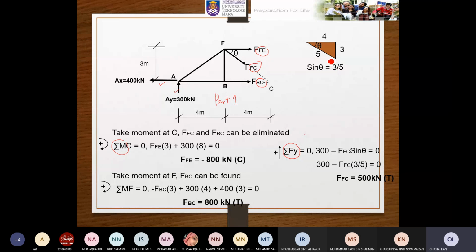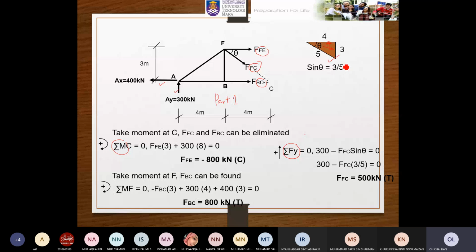If you have a triangle like this, you have a theta, you have this opposite side, and you have this adjacent side.